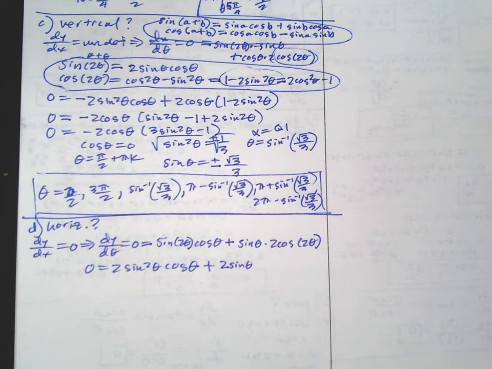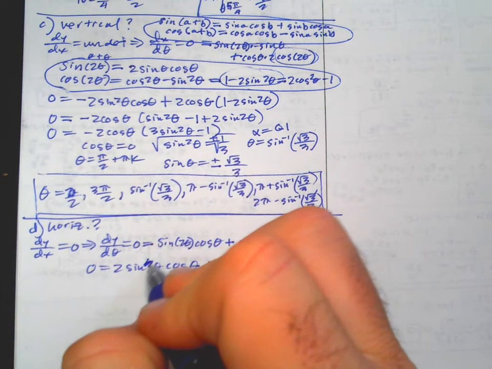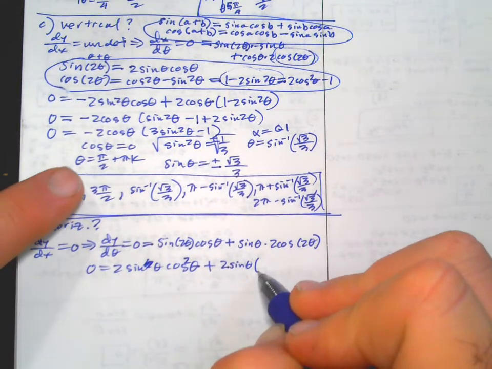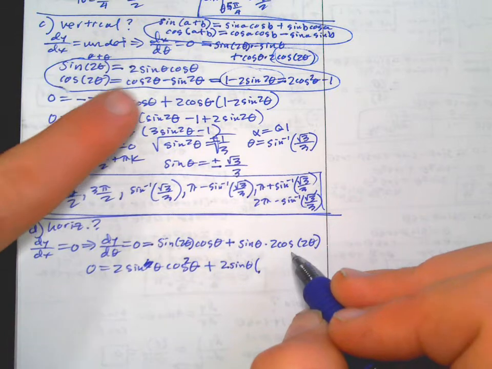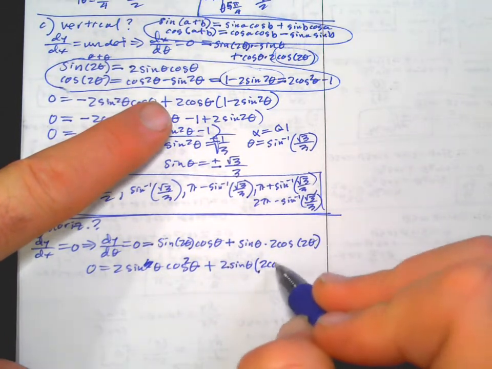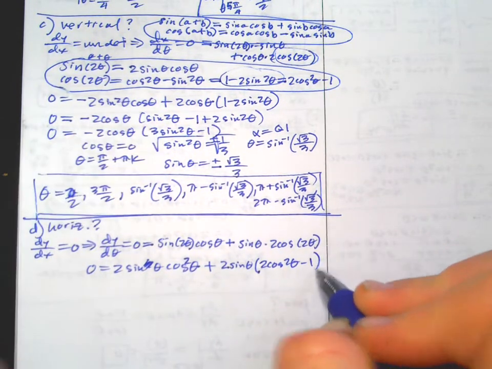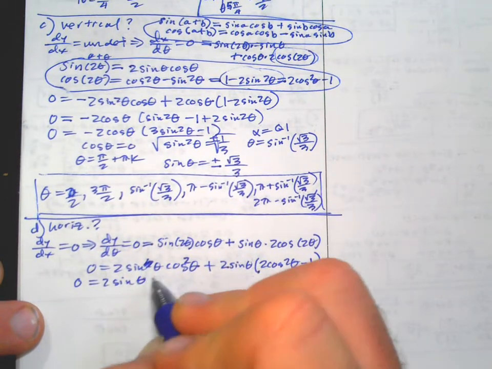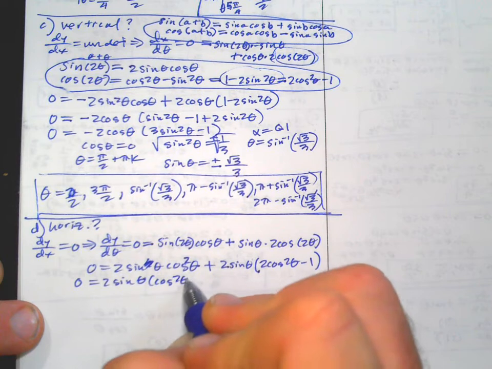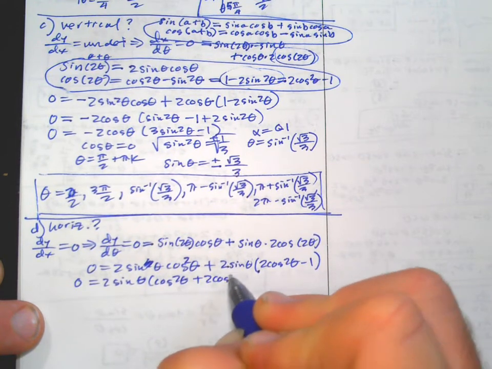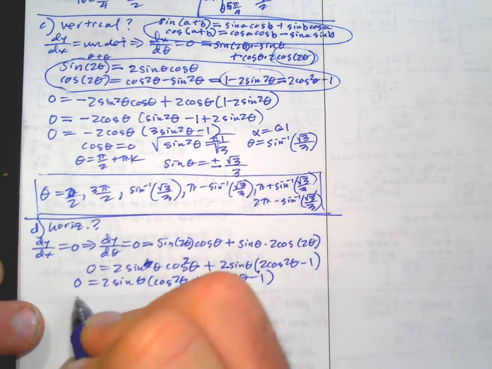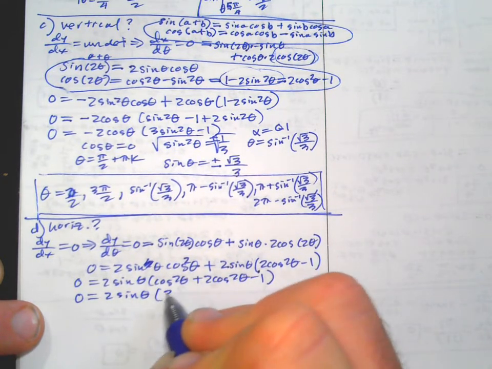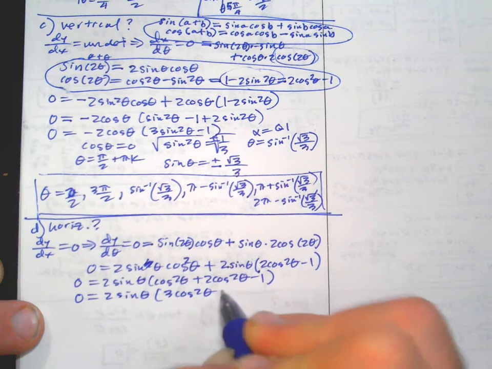Let's see. Oh, I messed this one up. That should be cosine squared. So we want to do that one and replace the cosine 2 theta with the one with the cosine squared, so 2 cosine squared minus 1. Then we can factor out a 2 sine theta. Then we have a cosine squared theta plus 2 cosine squared theta minus 1, and that is 3 cosine squared theta minus 1.